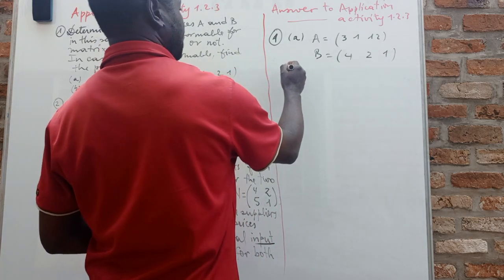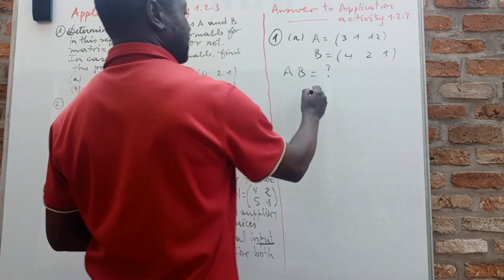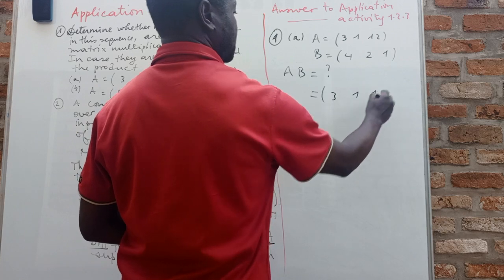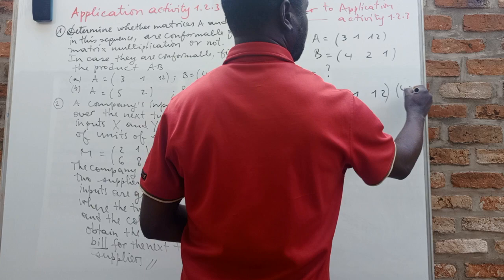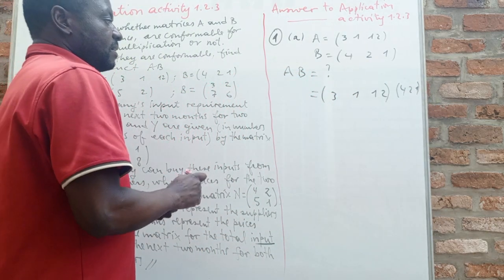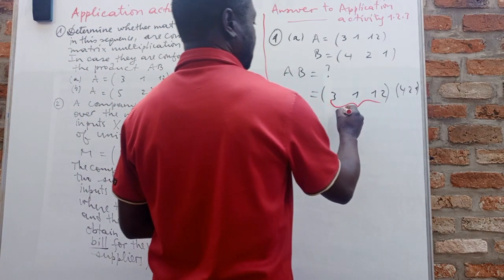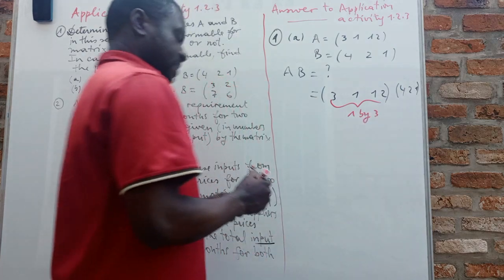Suppose you want to find the product, so this should be 3, 1, 12 and the second is 4, 2, 1. The first matrix A is a 1 by 3 matrix.